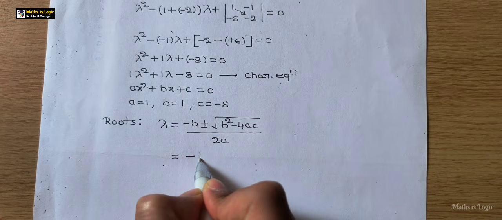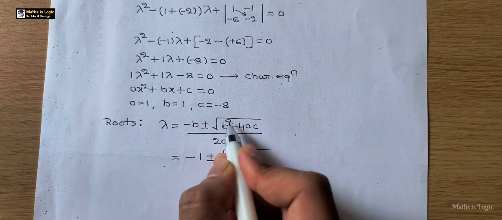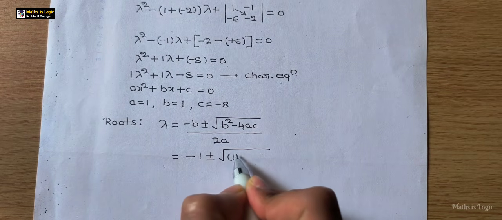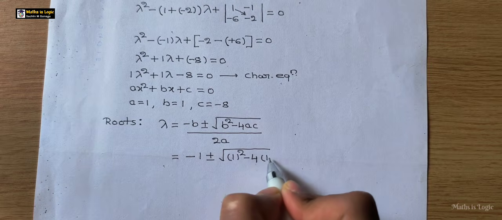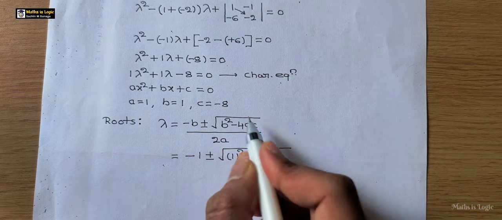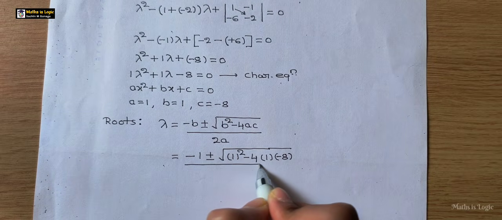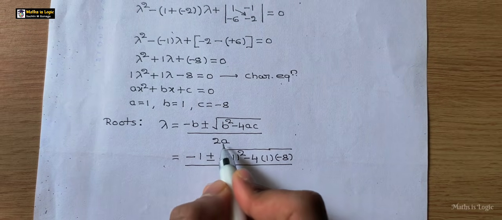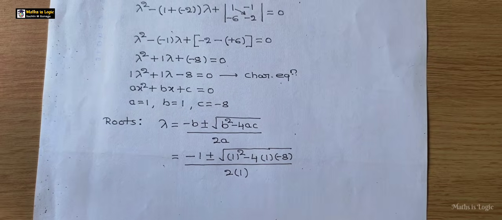What is the b value? 1, plus or minus square root of b square means 1 square minus 4, A is 1, into C value is minus 8, divided by 2 into A value is 1, so 2 into 1.